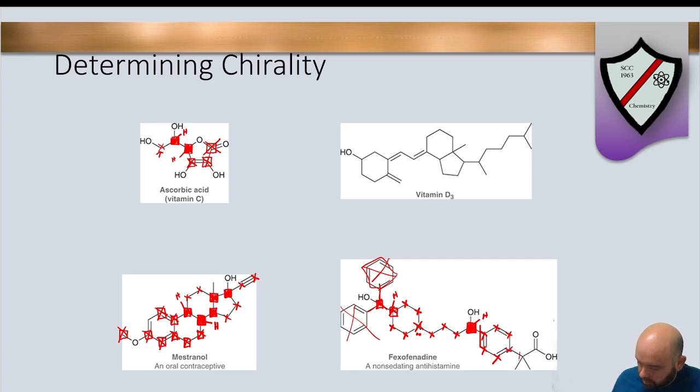Then we have a carbon here that has 2 methyl groups attached, so it cannot be chiral. And then we have an sp2 carbon that cannot be chiral. So it appears as if the highlighted carbon here at the alcohol group is the only chiral carbon in this molecule. I'm going to leave the vitamin D3 at the top for you guys to do on your own.